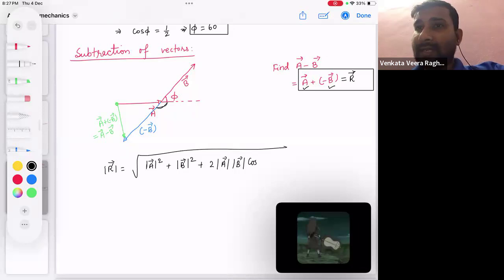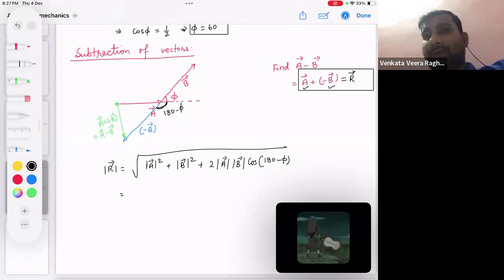Check it. Is this the angle between A vector and minus B vector? Please check. Is this the angle between A vector and minus B vector? So this angle will become what? Cos of 180 minus phi. The formula becomes what?